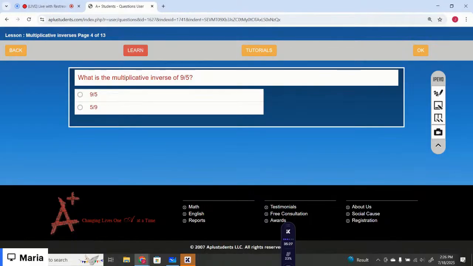What is the multiplicative inverse of 9 over 7? That would be 7 over 9. Option number 2 is the correct option.